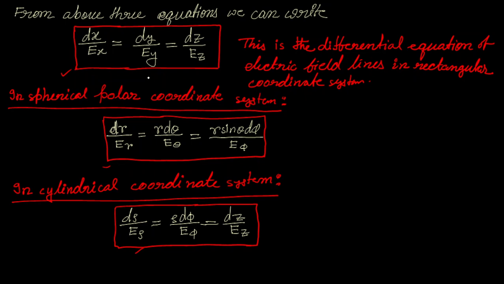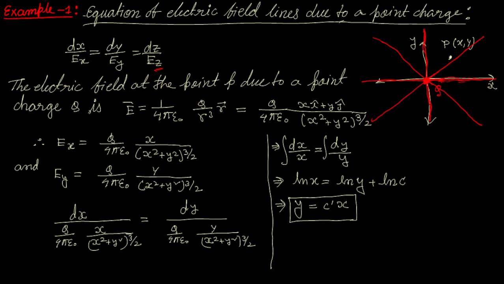And then we have to write the different components of electric field, and if we put these components in this differential equation and integrate, we will get the equations of electric field line.